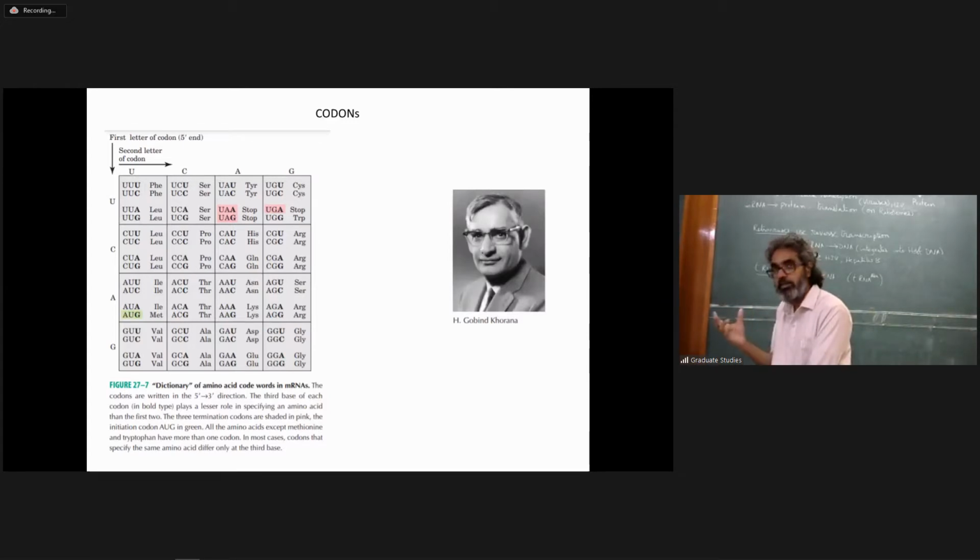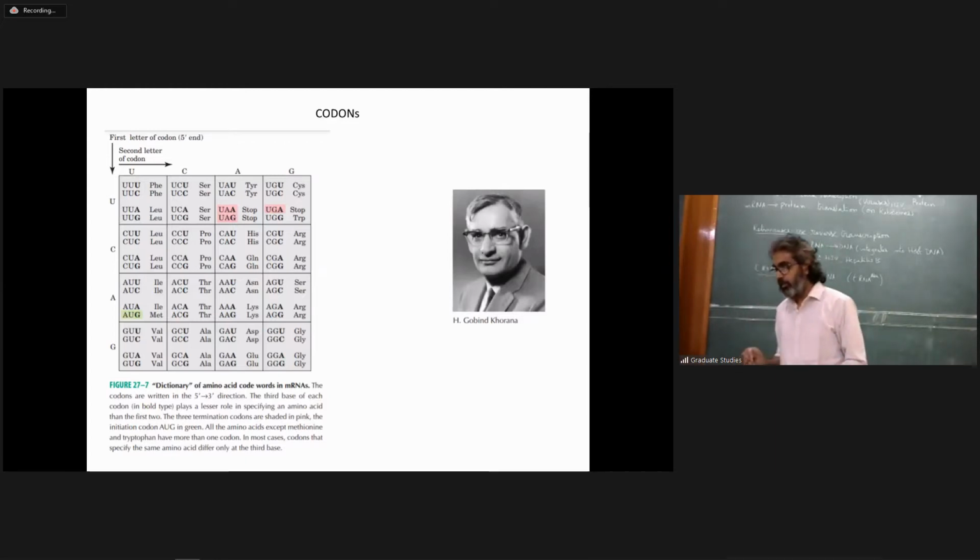So it's a minimum of 2, but 4 into 4 is only 16 varieties. You have 20 amino acids, and every tRNA requires a different sequence, so you need at least 3 nucleotides. Then it's 4 into 4 into 4, which is 64 varieties.